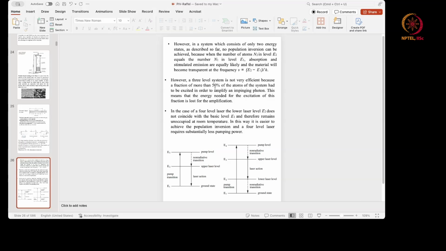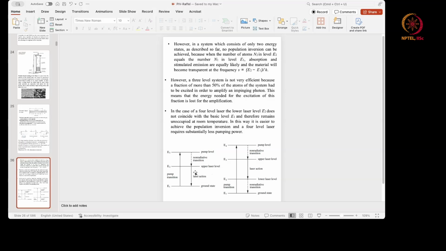However, if we introduce a three-level system, this is also not very efficient. In a three-level system, E3 is the upper energy level where the electrons are pumped. Then you have a metastable upper laser level, E2, where the electrons from E3 undergo a non-radiative transition and come to this state, and then they come back to the ground state, and this is where the laser action happens.